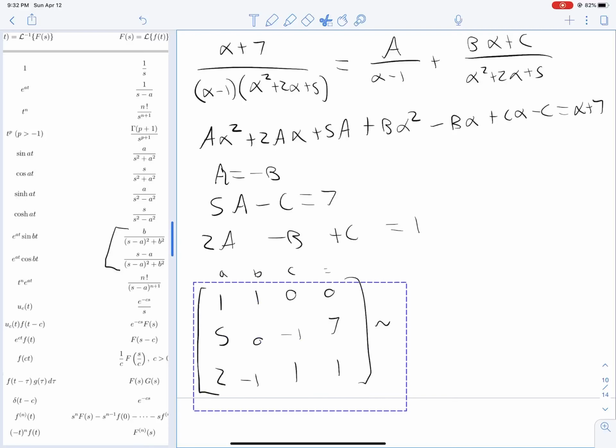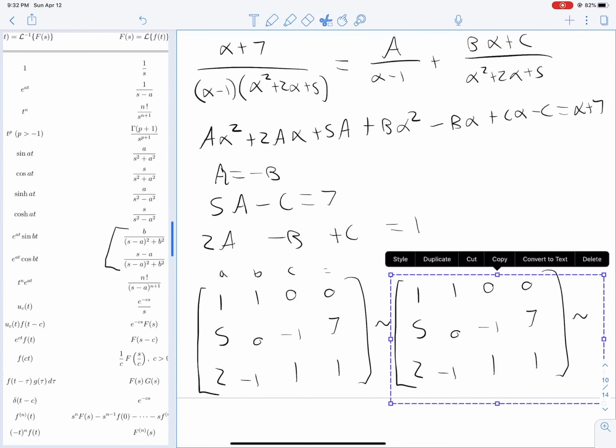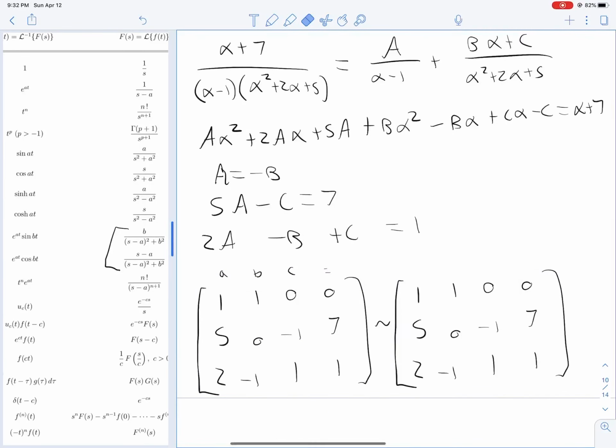This is the same as, let me duplicate everything over here. Let's subtract 5 row 1s from row 2, 0, -5. Let's subtract 2 row 1s from row 3, 0, -3, like that. What did I do from this point?